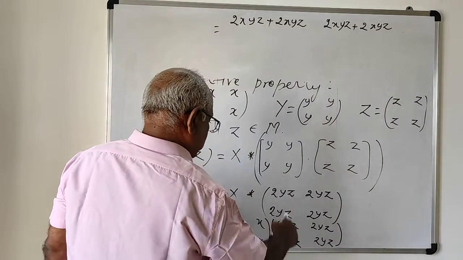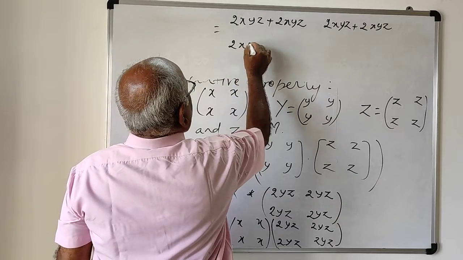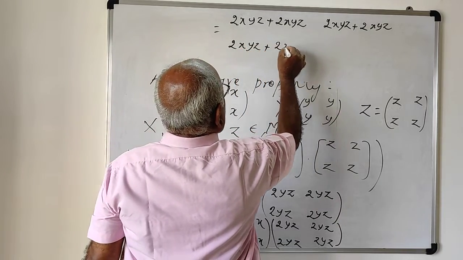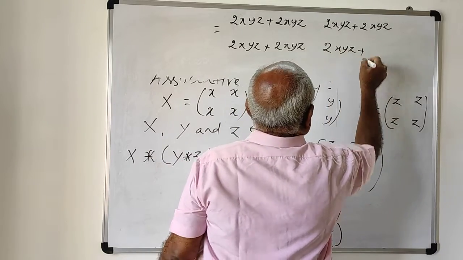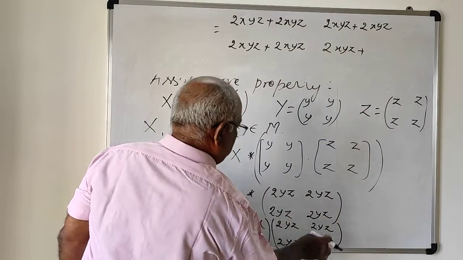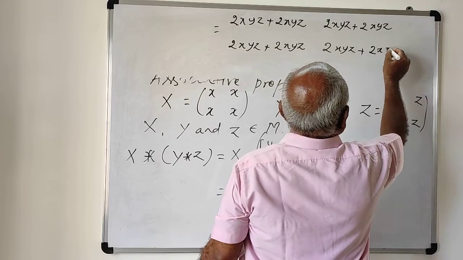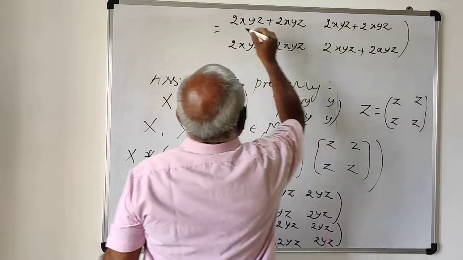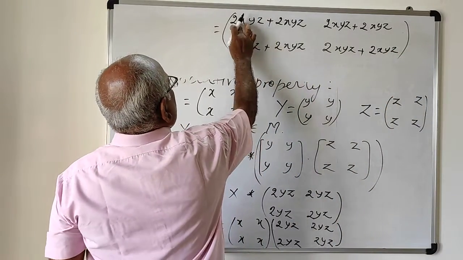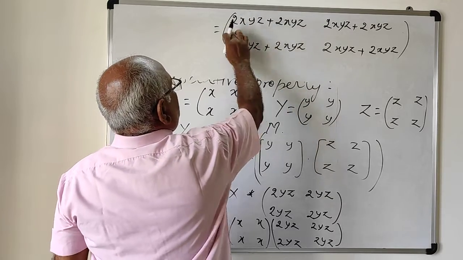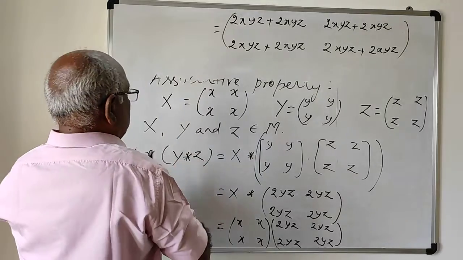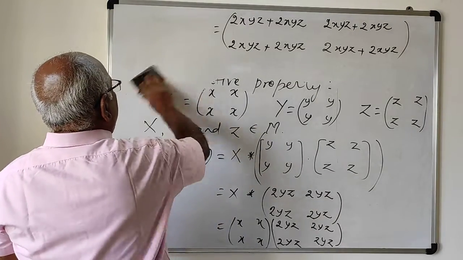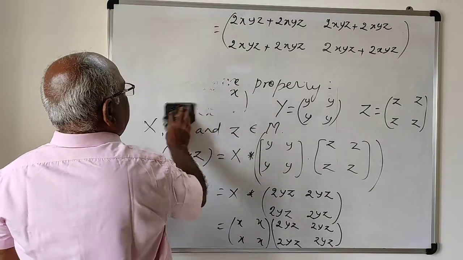Like that, second row, first column: 2XYZ plus 2XYZ, and second row, second column is also 2XYZ plus 2XYZ. That gives 4XYZ. So each and every element is of the form 4XYZ.